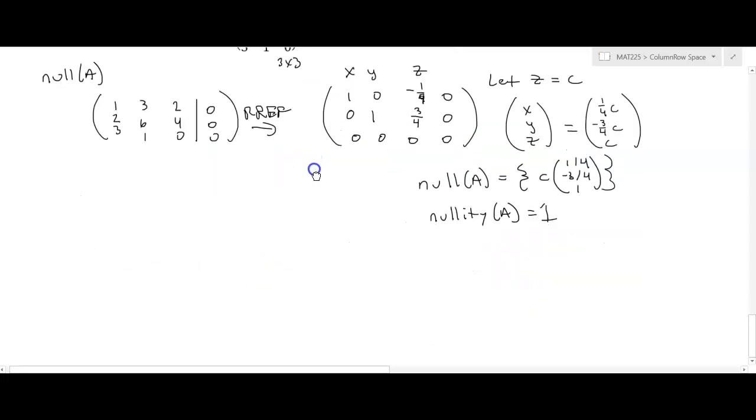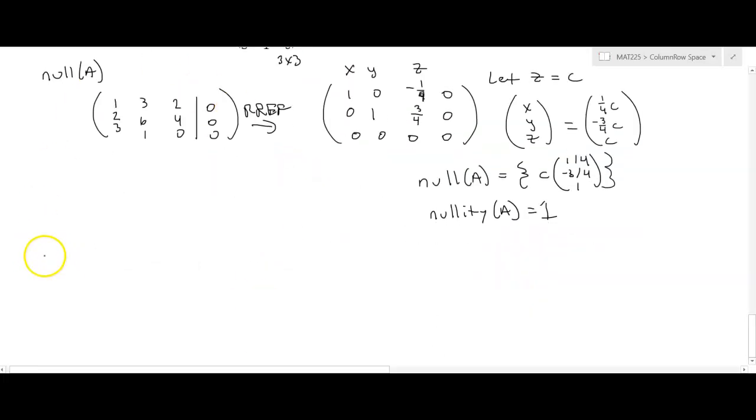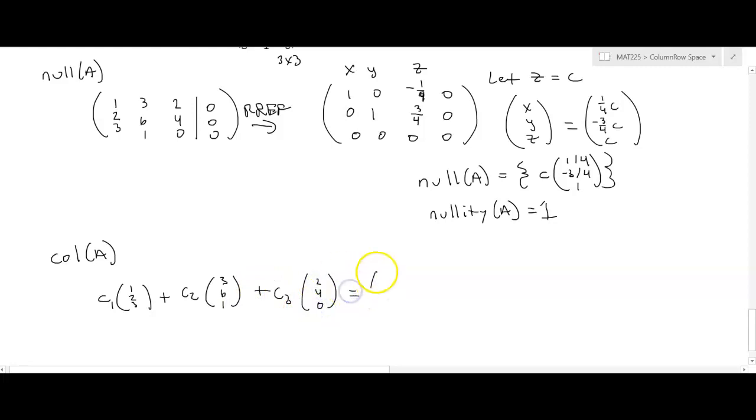And now we can produce the column space of A, and the column space of A is just going to be the set of linearly independent vectors. Well, guess what? We are actually solving the same system. That is, is there any multiple of the 1, 2, 3 plus any multiple of the 3, 6, 1 plus some other non-zero multiple of 2, 4, 0, such that we end up with the 0, 0, 0 vector.